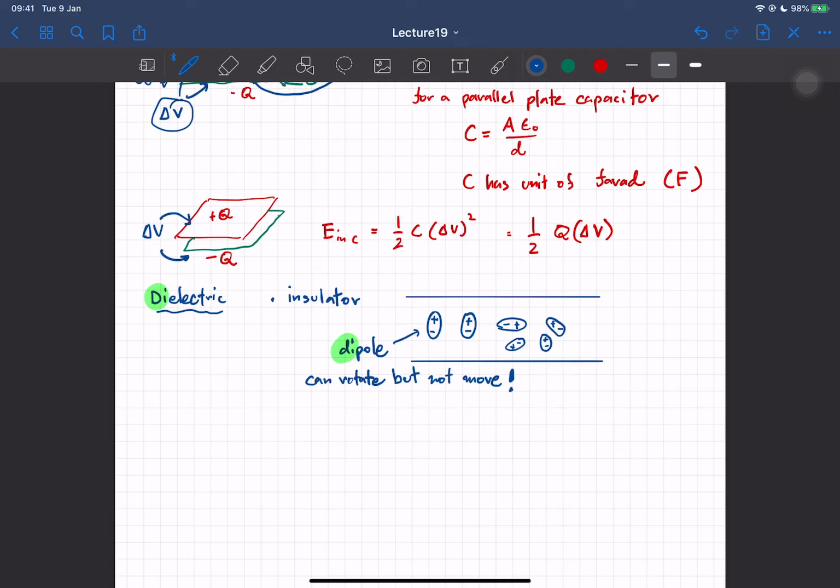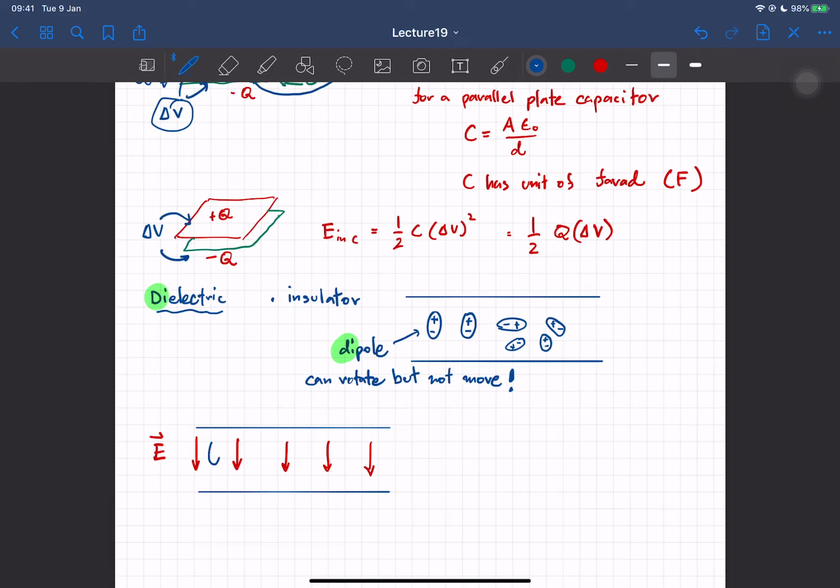Well, if you put some electric field in this, for example, a uniform electric field from top to bottom like this, the dipoles will orient themselves along the line of the electric field.